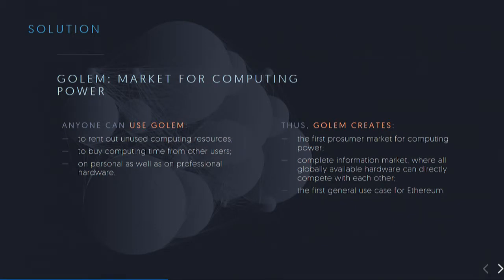And finally, I think what we are aiming for is one of the first general use cases for the Ethereum network, and one of the promising general use cases of blockchain technology overall.